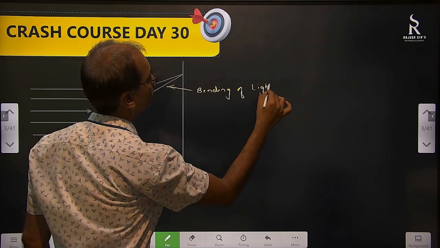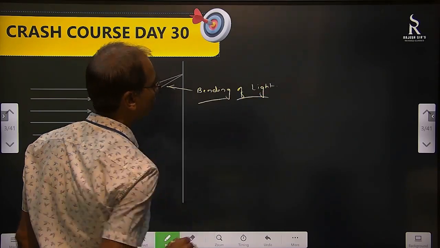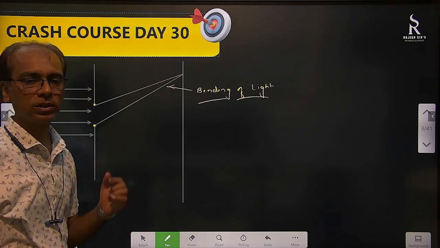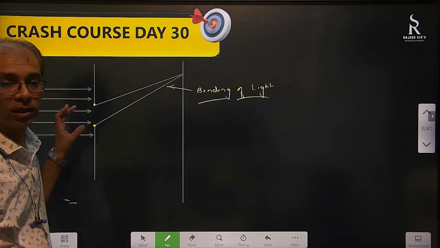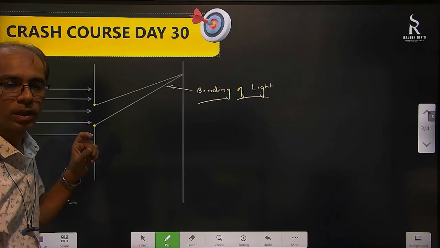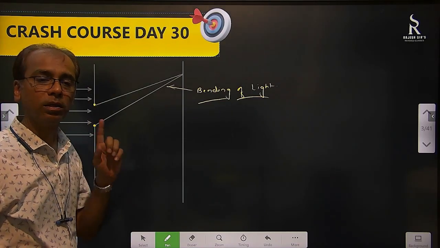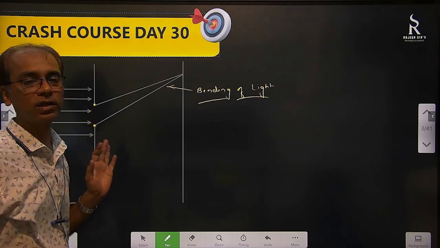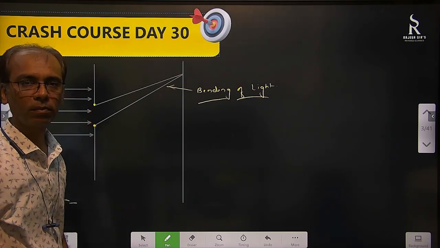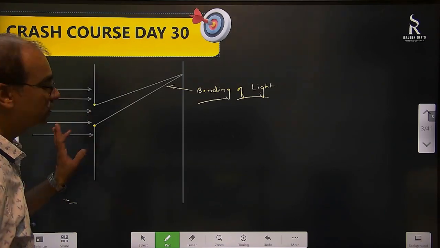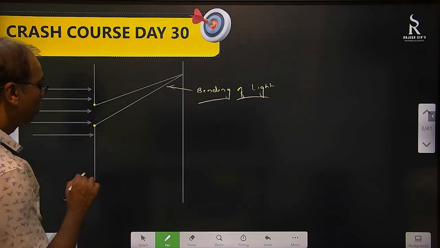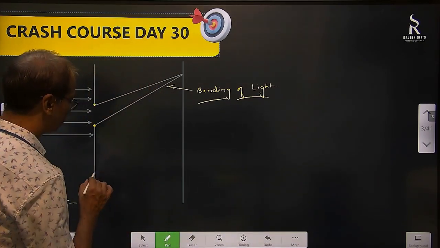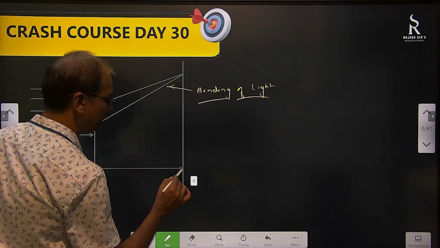Now, there is one criterion which says what should be the minimum distance between the source and the slit. Here there is one opening only, one slit. Young's double slit experiment had two slits. Here we have one slit alone. So what is the separation between this source and the screen so that we can observe this diffraction?